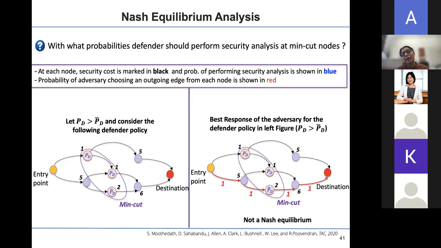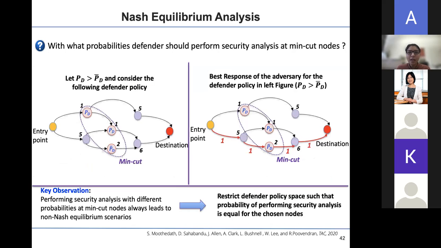Recall that in Nash equilibrium, we defined it in such a way that no player can improve their payoff if they unilaterally deviate. In this strategy pair, PD bar for the defender and the red policy for the attacker, the defender can improve by just increasing this value. So that is why it is not a Nash equilibrium.